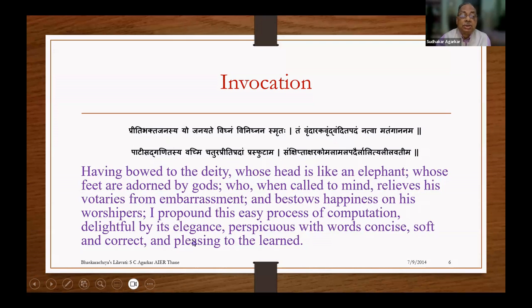Now, I'm not an expert in Sanskrit, so excuse me if there is any mistake from my side in reading this. Let me give you the English translation.